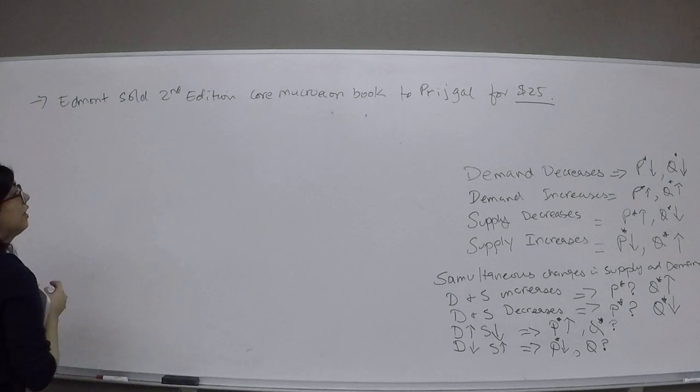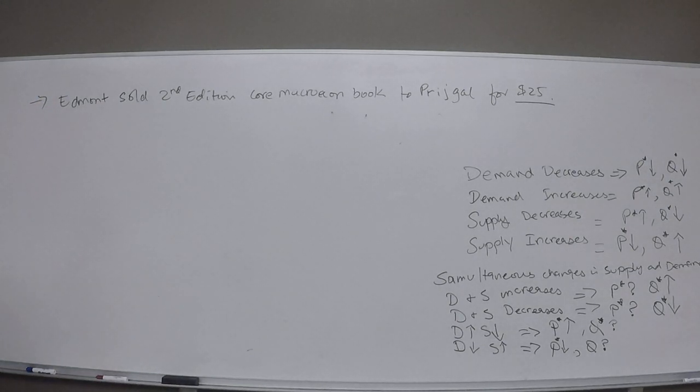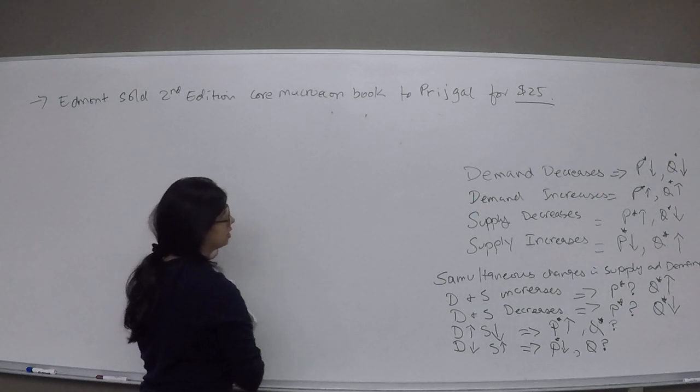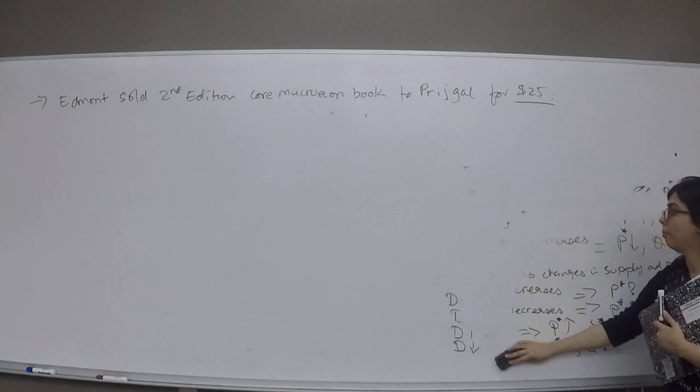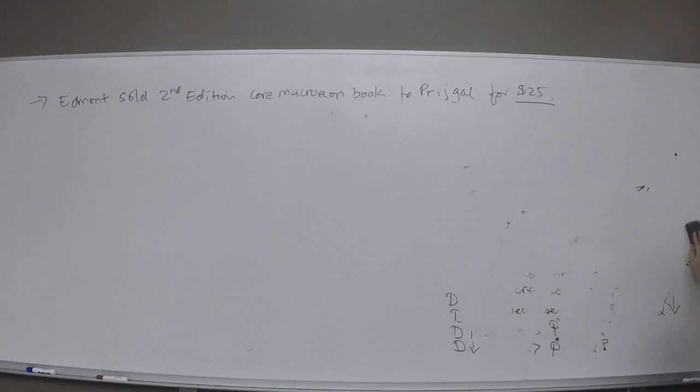So just looking at this statement, what can you tell about this transaction, based on what I just said about maximum willingness to buy and minimum willingness to sell?